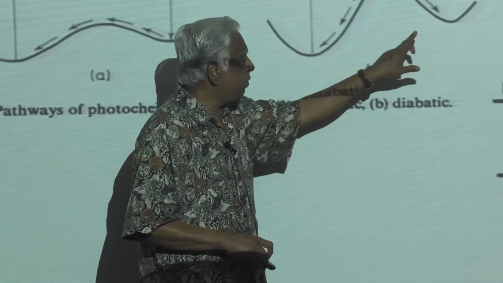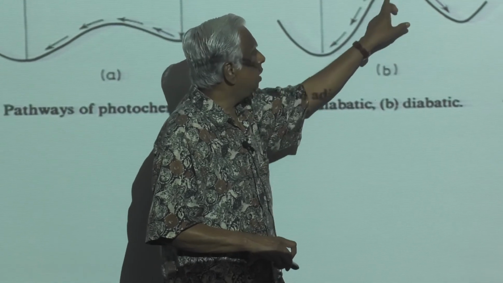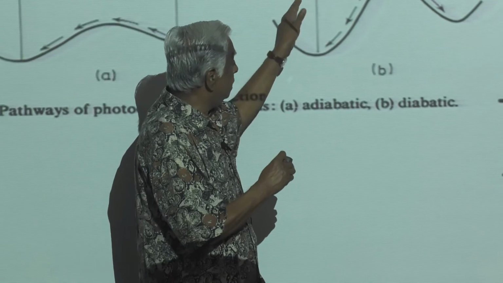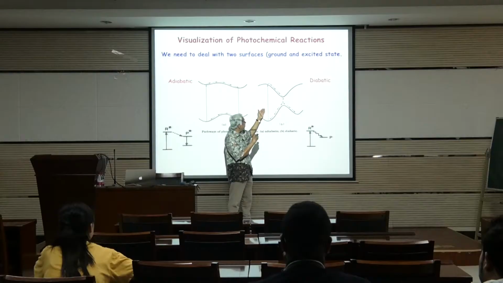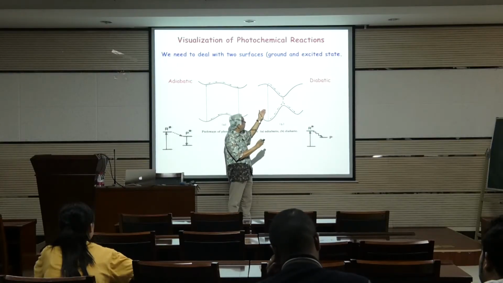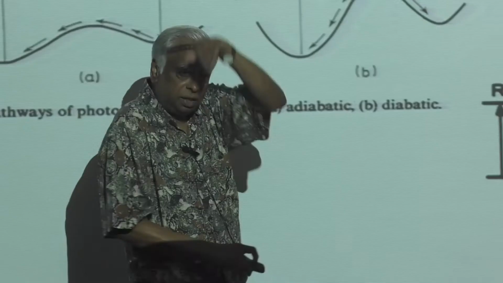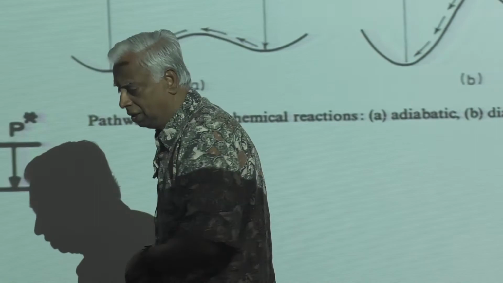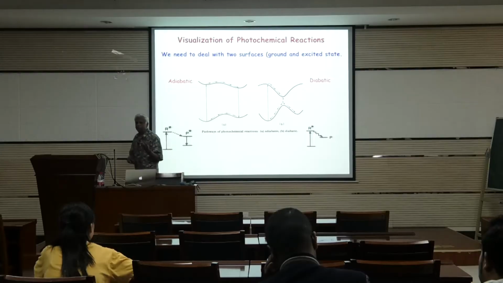So to go from here to here, you go up and then come down. Whereas in the excited state, you take the molecule from here to this place, and to come here, you just directly go down. So these are called diabatic reactions.